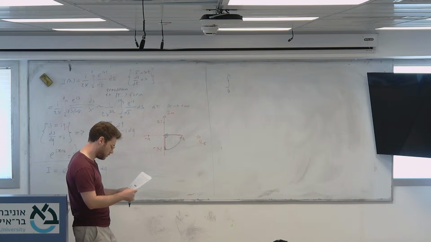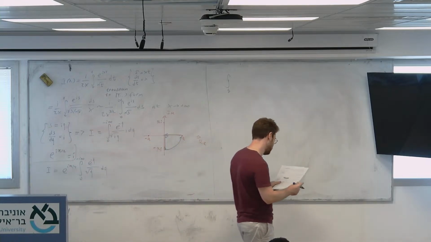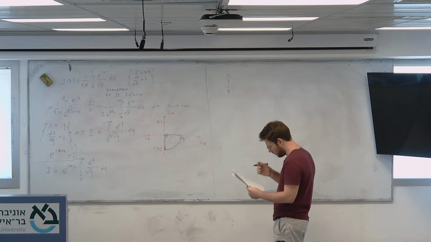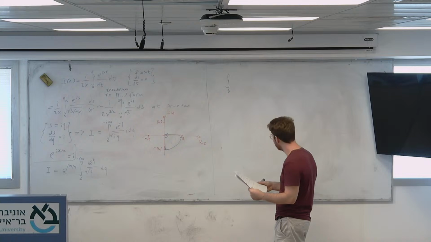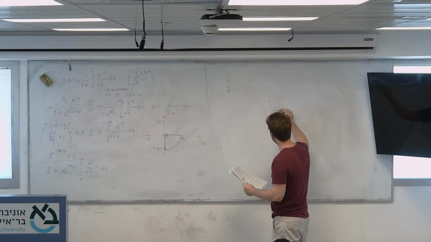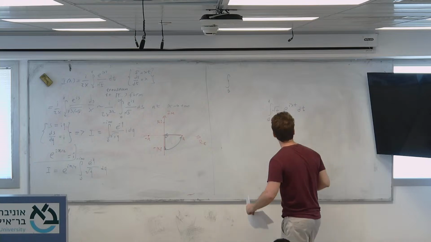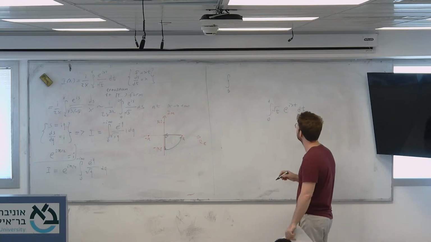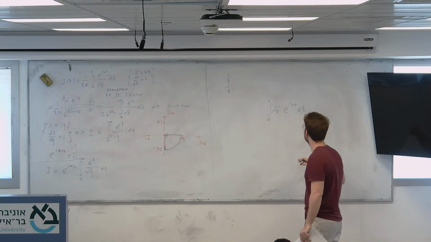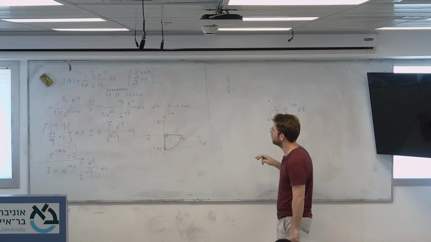It's the integral from 0 to 1 of square root of t e^(ixt) dt. So we're asking if we can do this straight away, whether we can switch it to a gamma form.